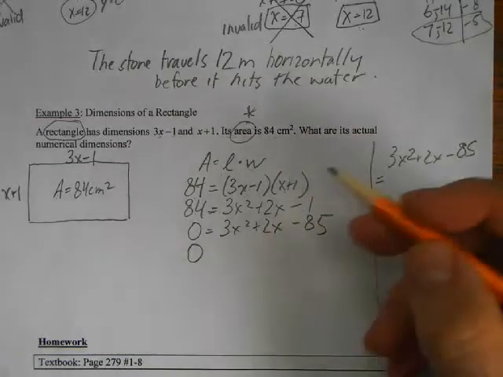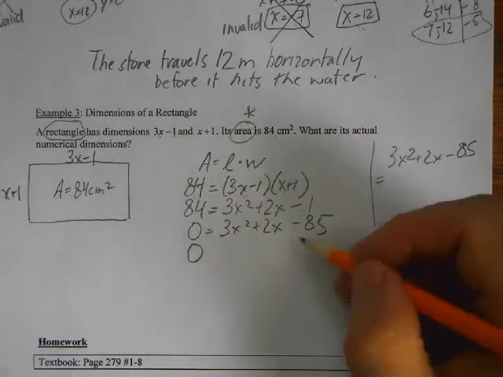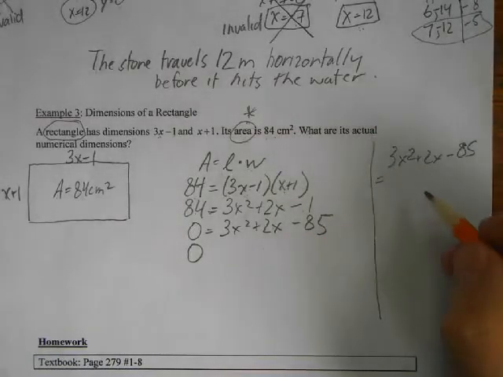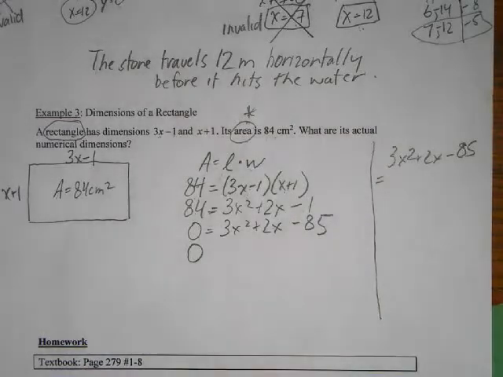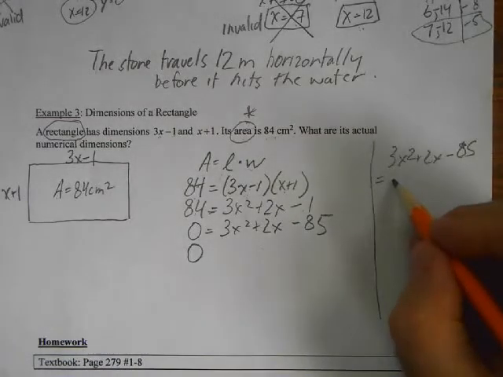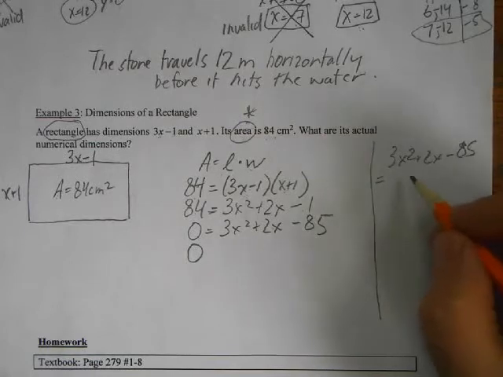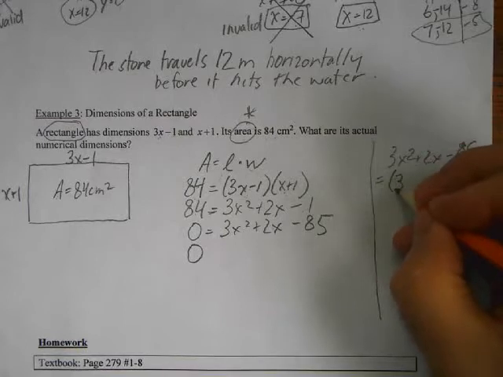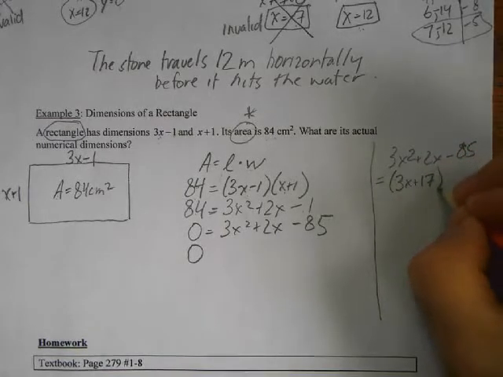If this was a 4-mark question, 1 mark would be for the correct factoring. I'm not going to do all the work here, but you could use one of the 2 methods, either decomposition or intelligent guess and check. Whatever method you come up with, the answer is 3x plus 17 and x minus 5.